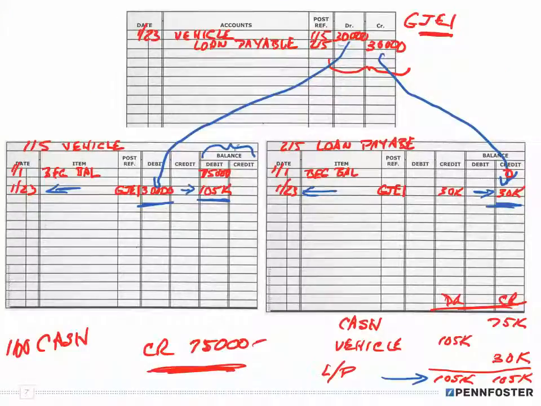At the end of the video, I had two different accounts. My balance for my vehicle account is 105,000, and for my loan payable, I didn't spell payable right either, is 30,000.